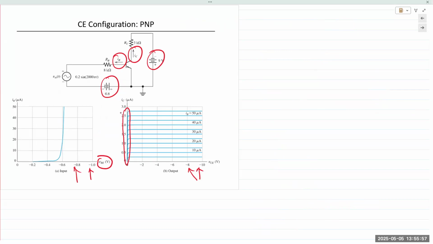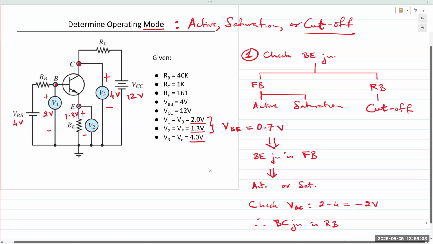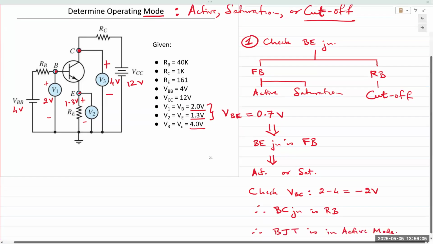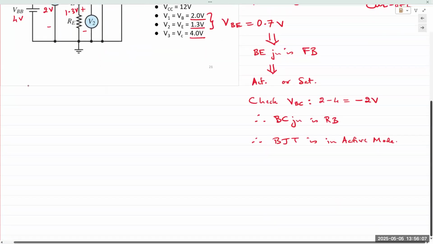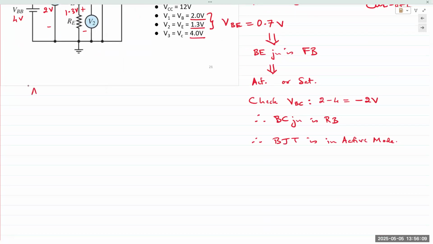VCE on the x-axis is very close to 0, so 0.2 volts. So another check for saturation is VCE less than or equal to 0.2 volts.